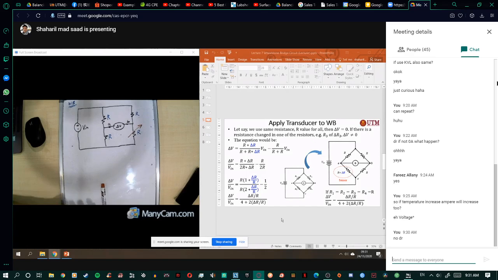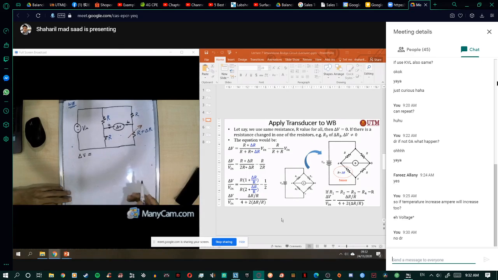So you will have another resistance, we call it delta R, the changes. For example, initial value 120 ohm, and after that it becomes 150 ohm. So that means delta R equal to 30 ohm. Okay. So how do we derive this formula, based on this condition?